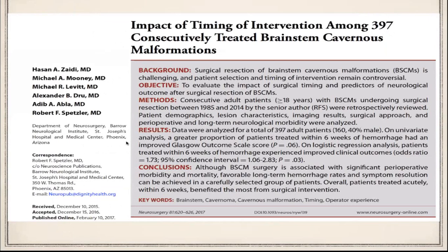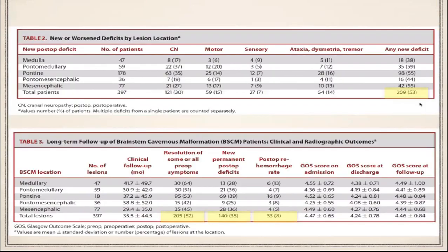So probably the largest series published, unless some of our Chinese colleagues have published more that I'm not aware of, is almost the 400 brainstem cavernomas of Spetzler's career. But even in his hands, half of the people develop a new deficit.